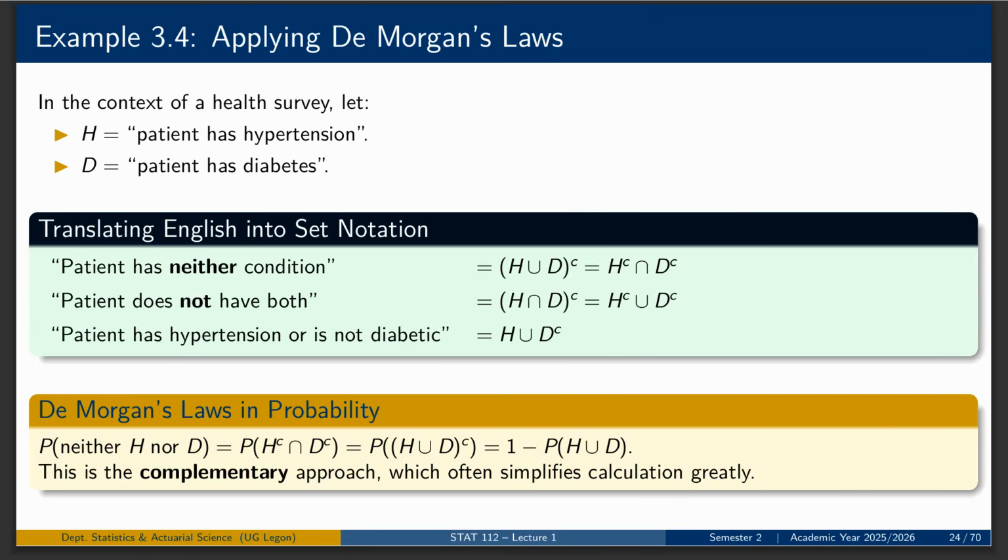The patient has hypertension or is not diabetic: H union D complement. So De Morgan's law in probability will help us to find neither H nor D, right? And this complementary approach often simplifies calculations. Okay. All right.